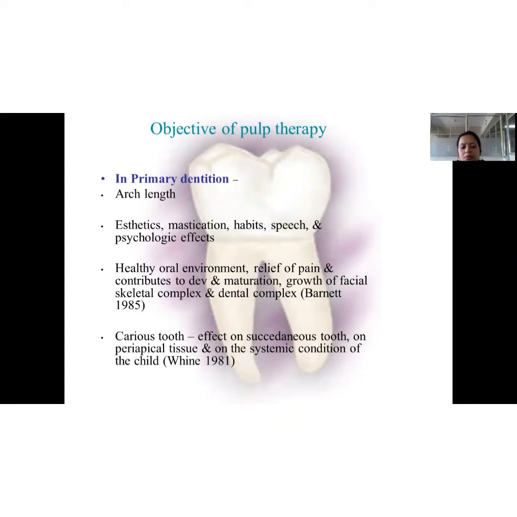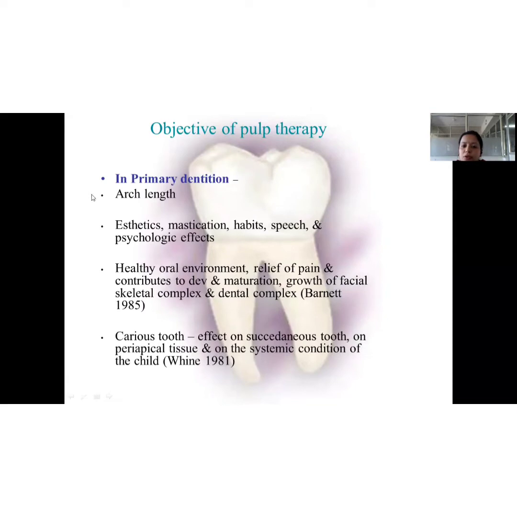We need to do pulp therapy to maintain various things like the aesthetics of the patient, the masticatory function of the patient. Then the speech is also connected, and the psychological effect is also there. So we need to maintain it.